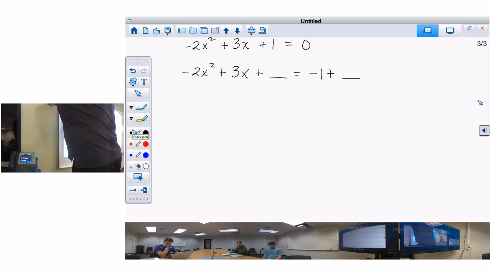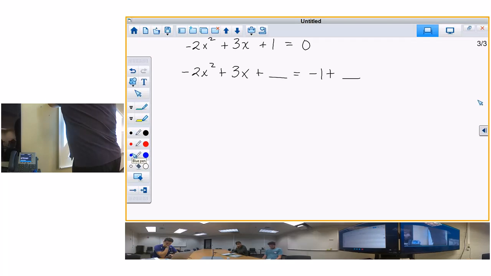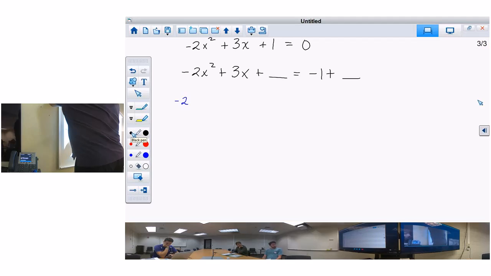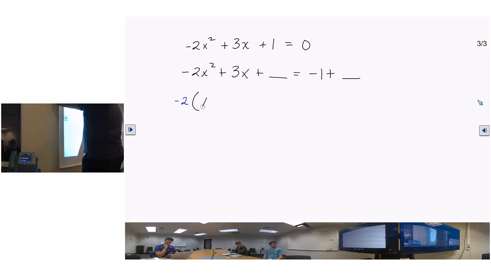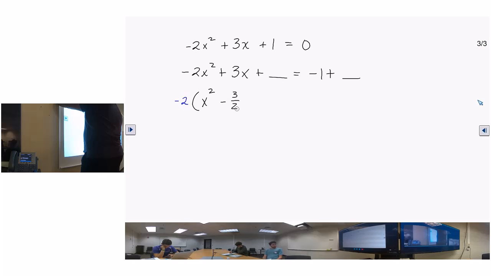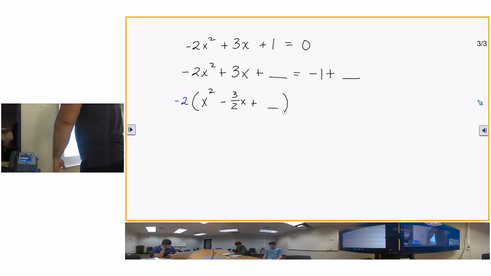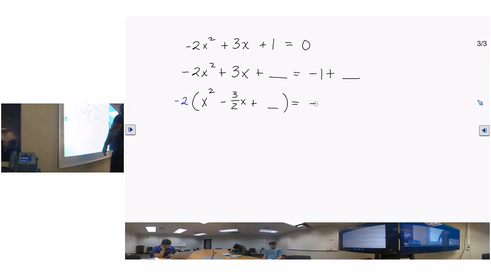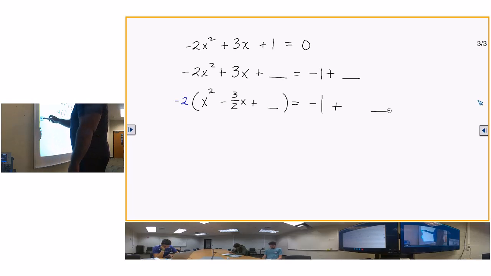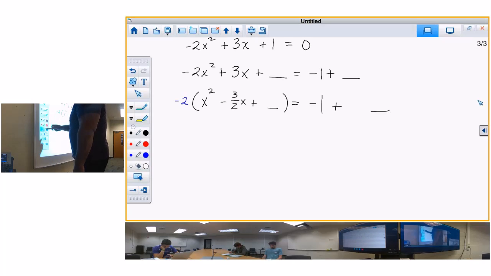Now what are we going to factor out? A negative 2. So we got to put a negative 2 there. And that's going to leave us with x squared minus 3 halves x plus blank is equal to negative 1 plus, and then we got to multiply that negative 2 times that right side blank.